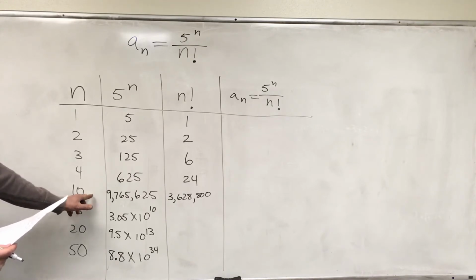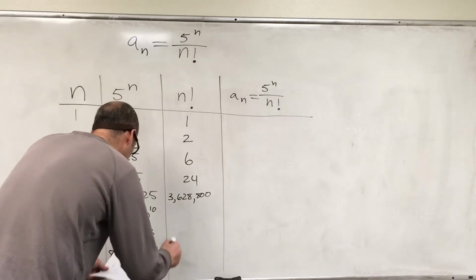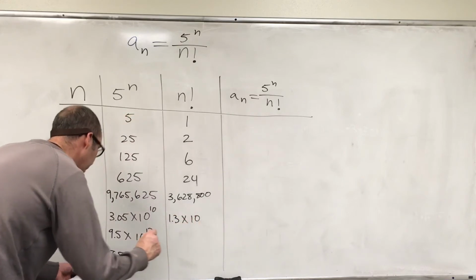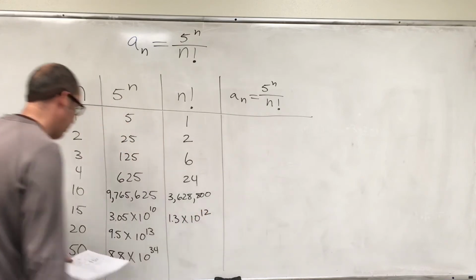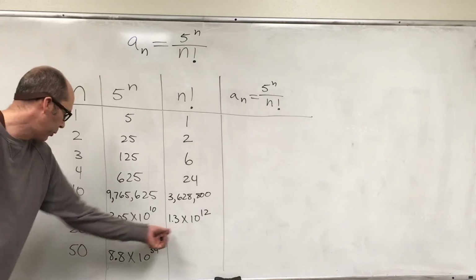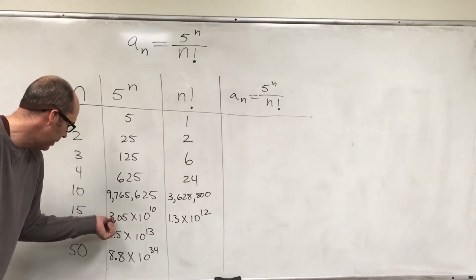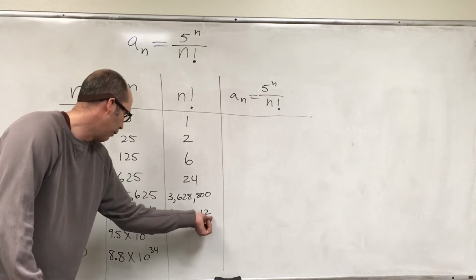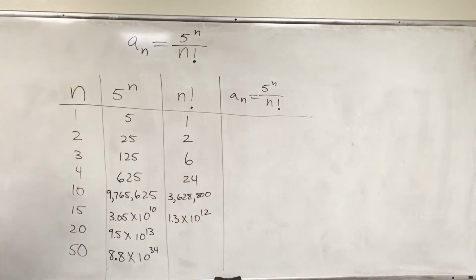But things start to change at 15. At 15, we got 1.3 times 10 to the 12. Now, even though 1.3 is less than that, you can just think, how many times are you going to move that decimal over? You're moving over 10 times there, you're moving over 12 times there. It's a little bit bigger.